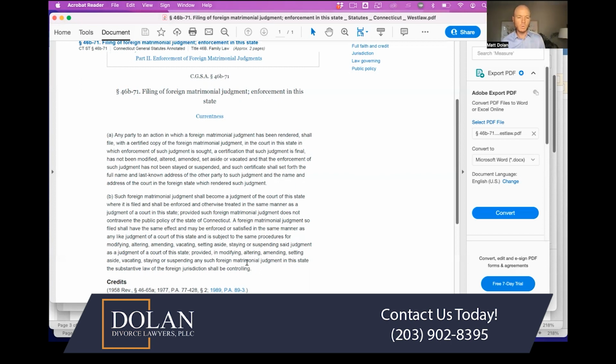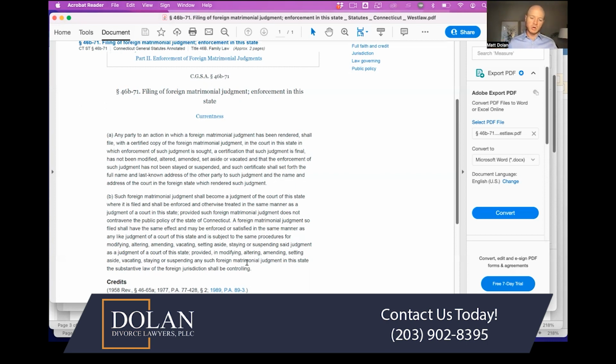What that last part means is that, let's say you have a child support order entered as part of your divorce agreement in Michigan, and then the parties are no longer living in Michigan. One party who has the child is living here in Connecticut. You register the foreign order here in Connecticut and file a motion to modify the child support order.